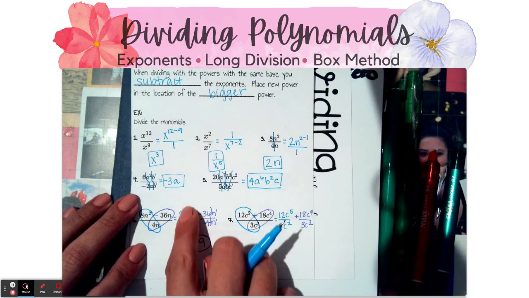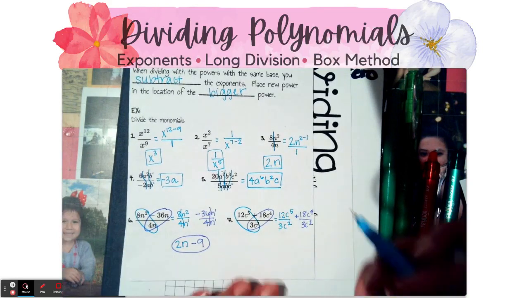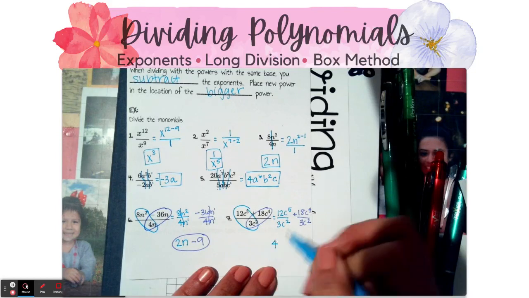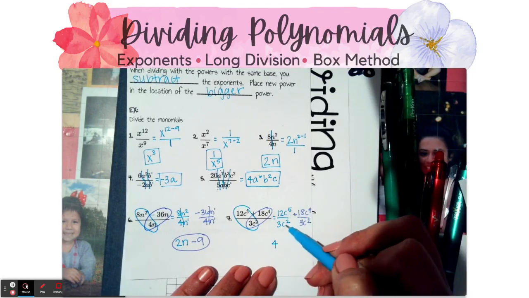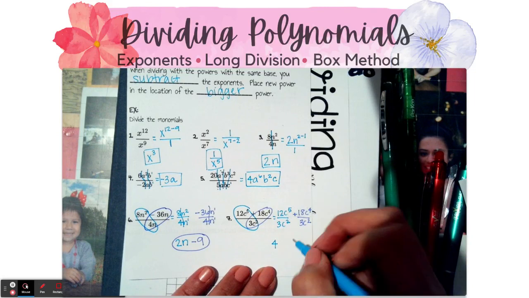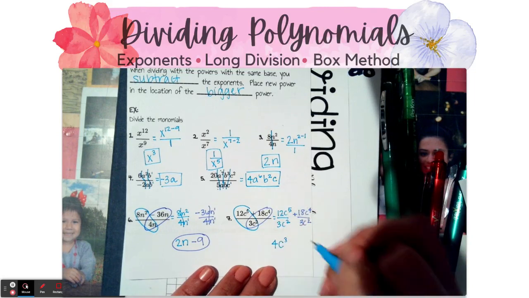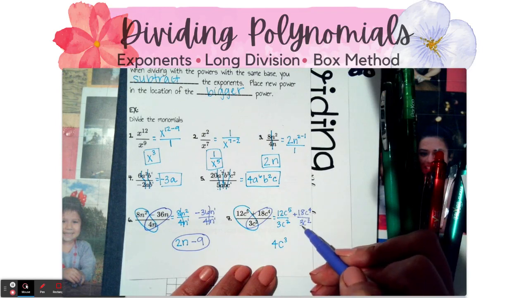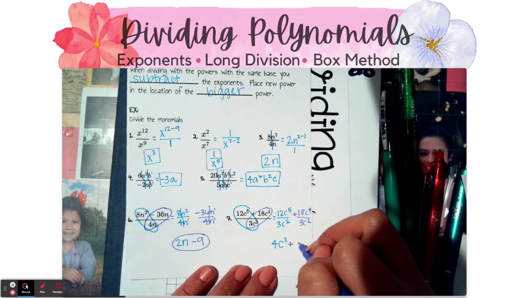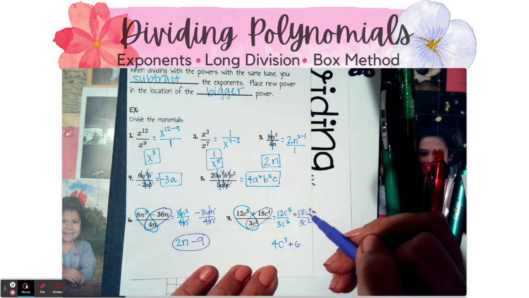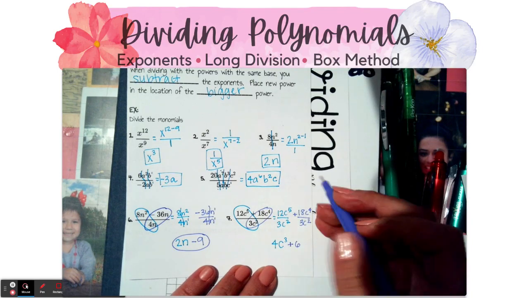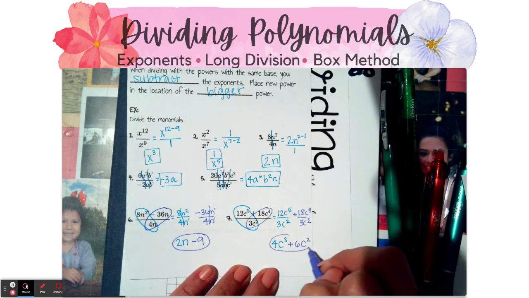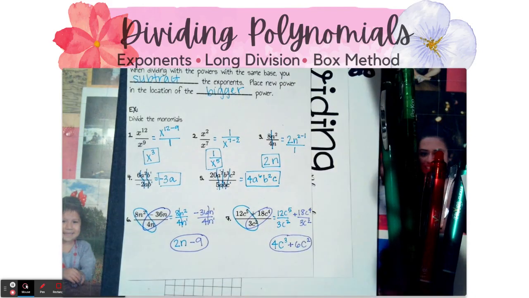And I'm going to do this one without actually drawing my little splits, but knowing that 12 divided by 3 is 4, c to the 5th divided by c to the 2nd, 5 minus 2 is 3, so that leaves c to the 3rd power, c cubed. 18 divided by 3 is a positive 6. C to the 4th power divided by c to the 2nd power is going to be c to the 2nd power, c squared. All right, practice a little on your own.